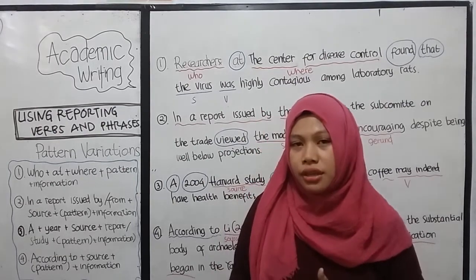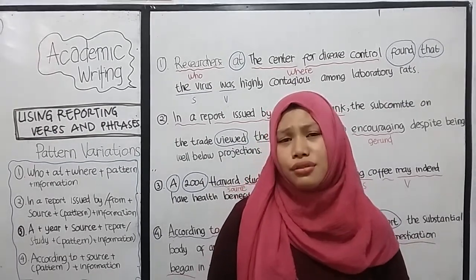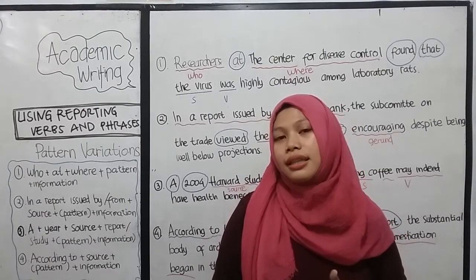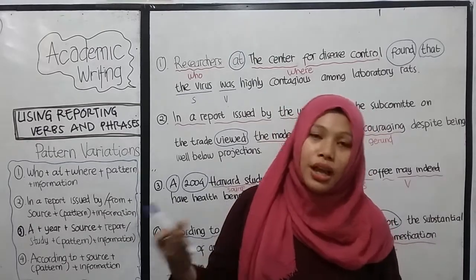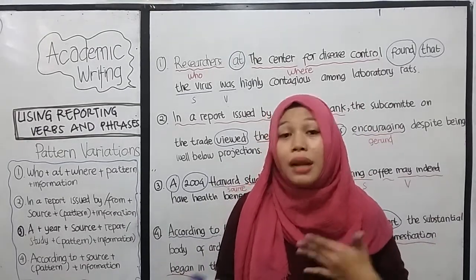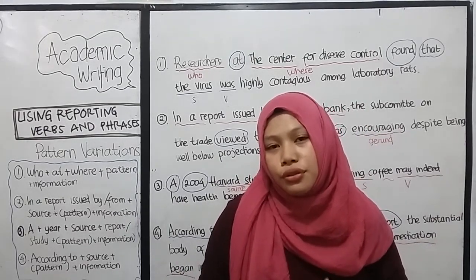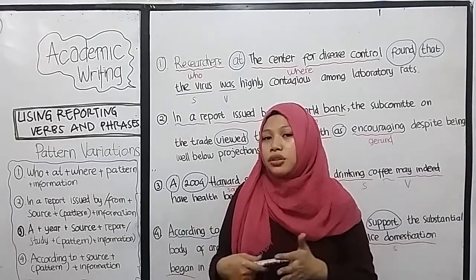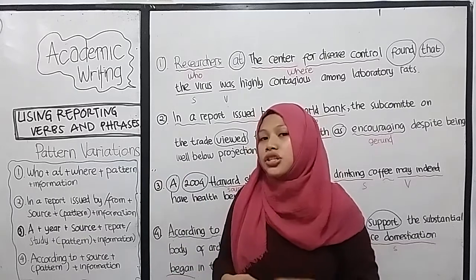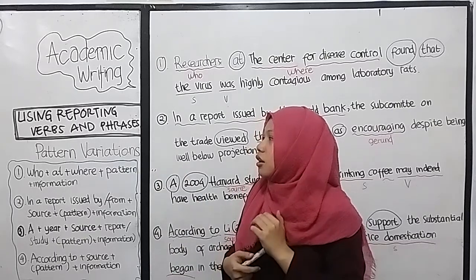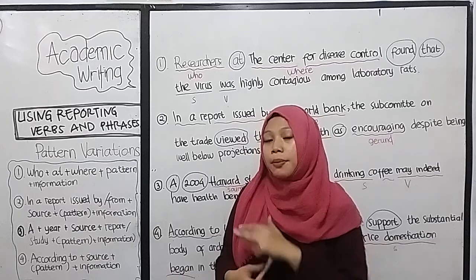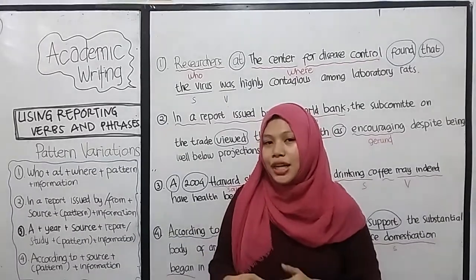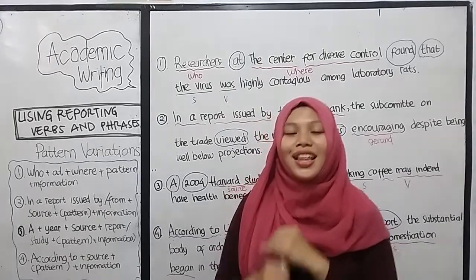But writers tend to overuse them, which results in less accurate and repetitive writing. So it's important to practice and apply pattern 1, pattern 2, pattern 3, and pattern variation when using reporting verbs and phrases in your body paragraphs or in your academic essay. Okay, that's all. Thank you.